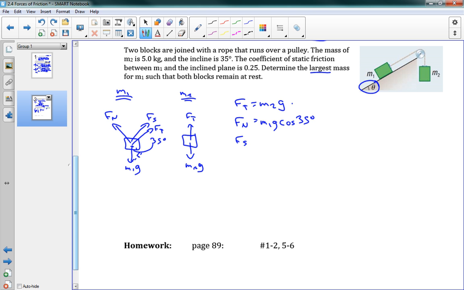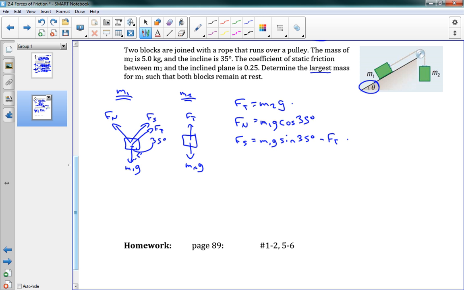So we can say Fs is equal to, so the static force going up to the right has to be equal to m1g sine 35 degrees minus Ft, because that all needs to balance out.